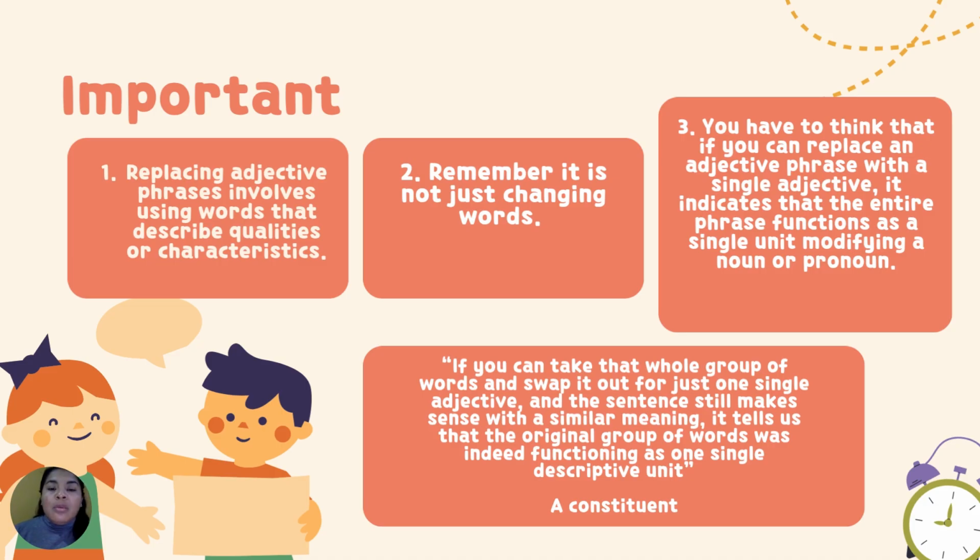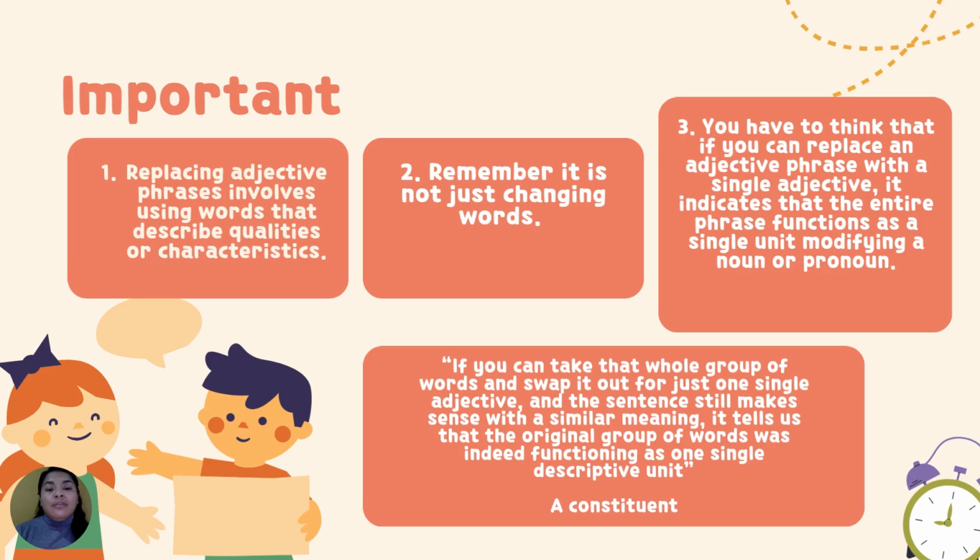Number three, if you can replace an adjective phrase with a single adjective, it indicates that the entire phrase functions as a single unit modifying a noun or a pronoun.